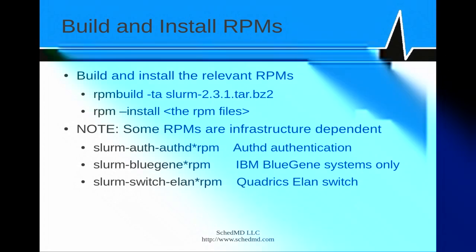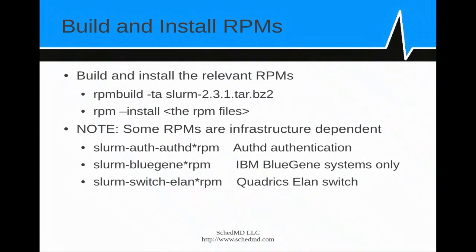The asterisk there is shorthand. The Slurm version will actually be embedded in there, so it'll be something like authd-2.3.1.rpm, for example. For a Blue Gene cluster, there's a Blue Gene RPM, and if you're running on a cluster with an Elan switch, you'd use the switch Elan RPM. Those are just some examples. You'll have to look and see which RPMs make sense for you to use.